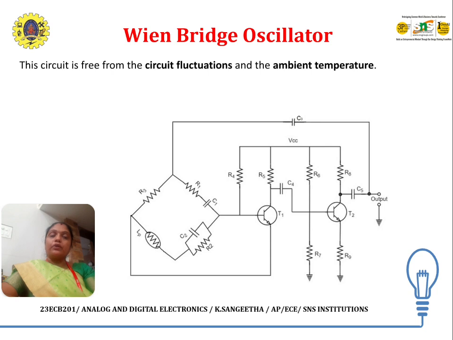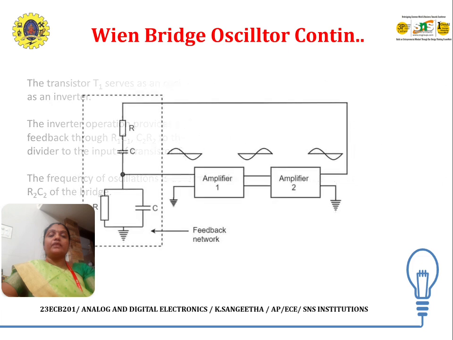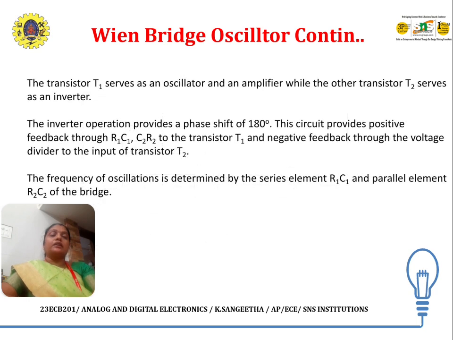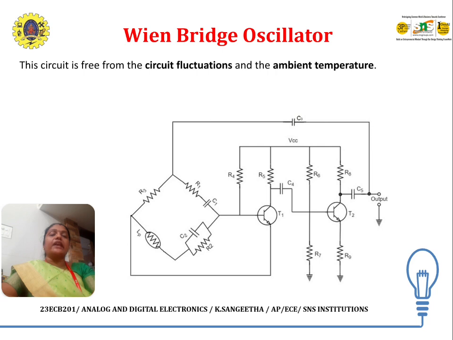Why are we using the inverter here? This circuit will explain well. In the bridge oscillator an oscillation is produced, and in the amplifier it is amplified, and the output of T1 has a 180 degree phase shift, and T2, the second transistor, acts as an inverter.